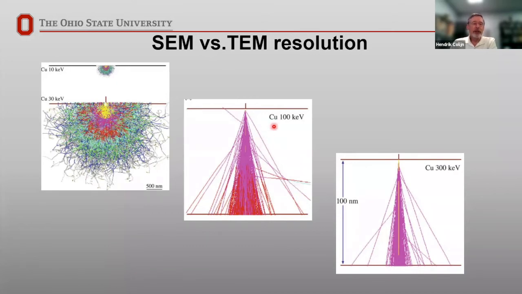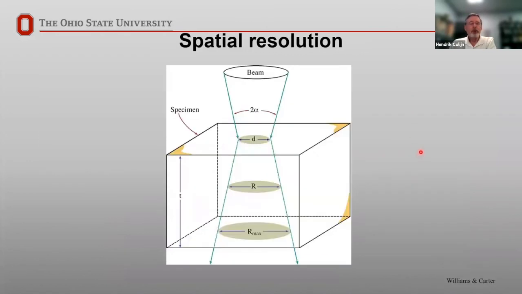When we go to TEM or STEM, now we are working with a thin film. You still get some scattering, but as we increase our voltage from 100 to 300 kV, you can see that the scattering is much more limited. So now this scattering is small enough that we actually have to think about our beam diameter, which affects our resolution.